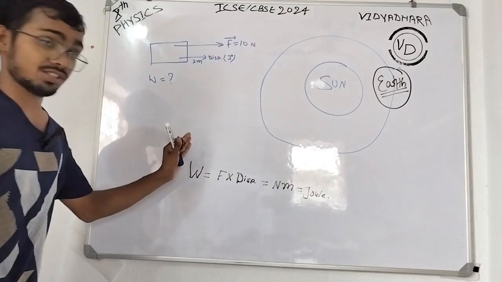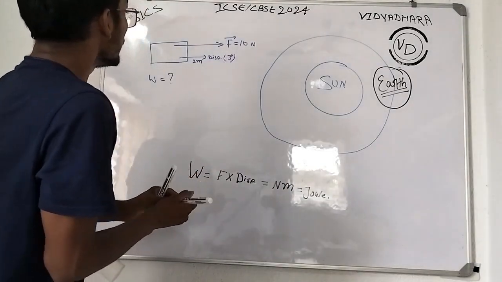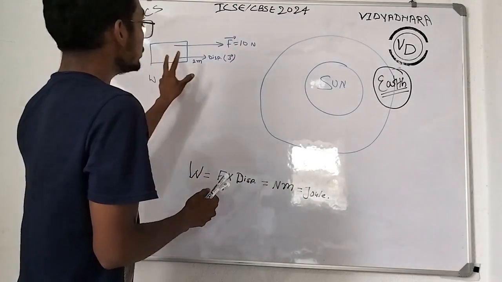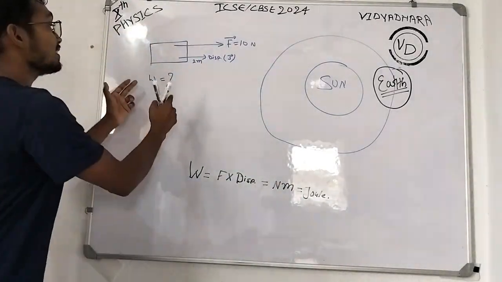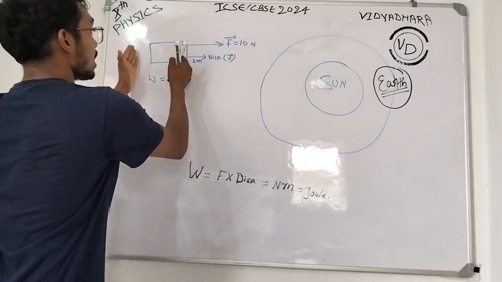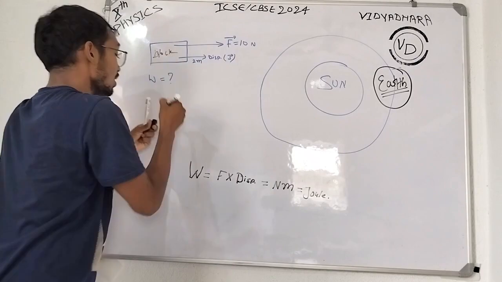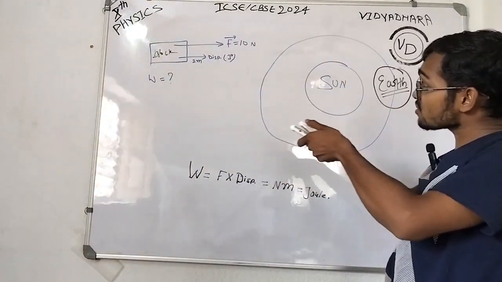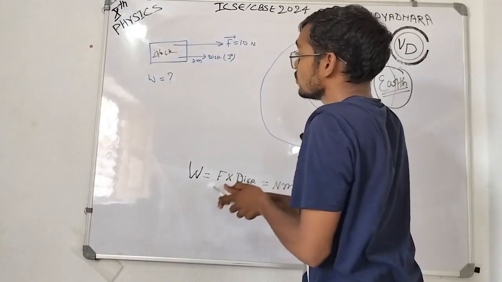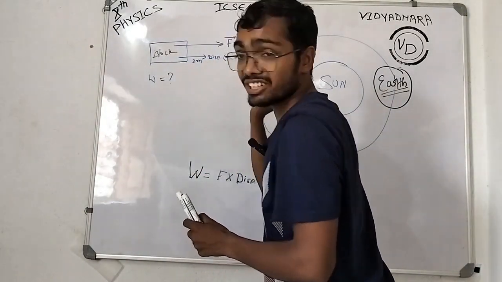Before we study further, we are going to do two examples. What is the work done when a block is moved by pulling with a force of 10 Newton through a distance or displacement of 2 meter?